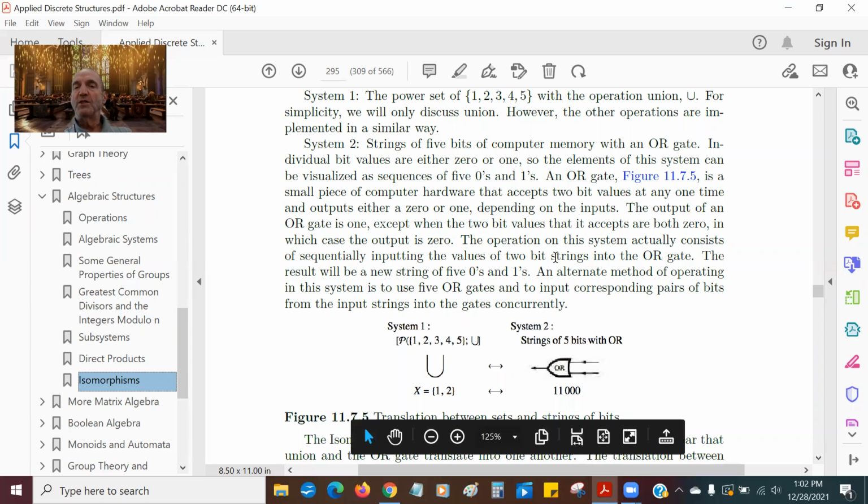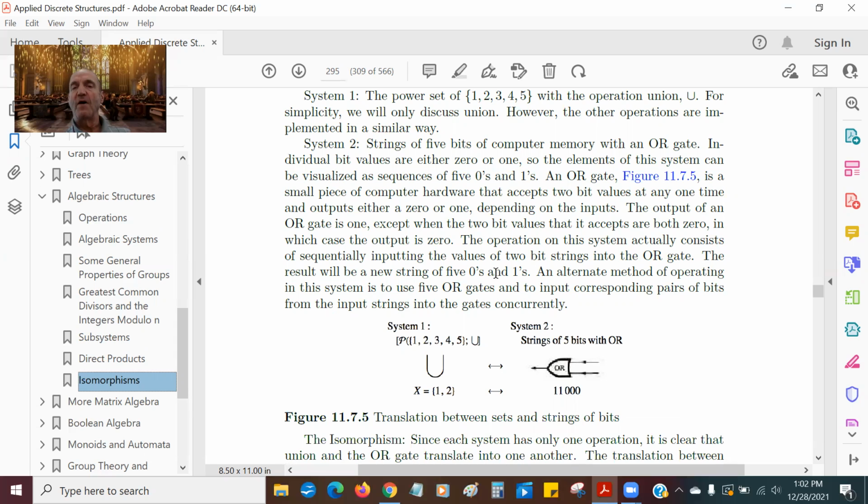Anyway, the operation on this system actually consists of sequentially inputting the values of 2 bit strings into an OR gate. And the result will be a new string of 5 zeros and 1s. An alternate method of operating in this system is to use 5 OR gates and to input corresponding pairs of bits from the input strings into the gates concurrently.